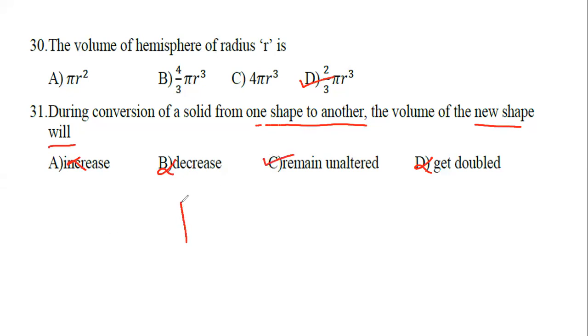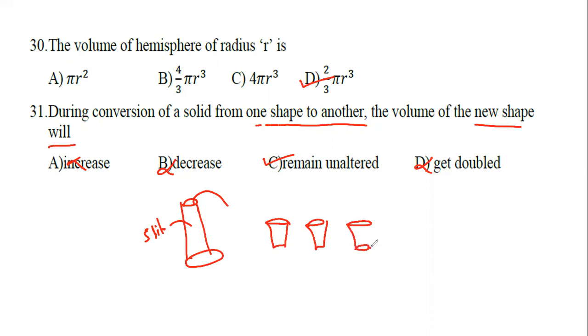Is it right? For example, take a 5 liters water bottle. You are transferring water to glasses. This is one glass. This is two glass. And capacity of a water glass is 1 liter.